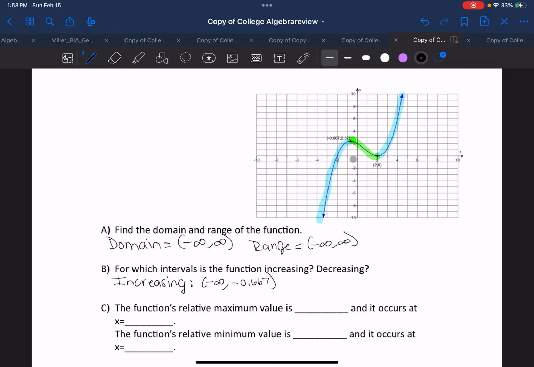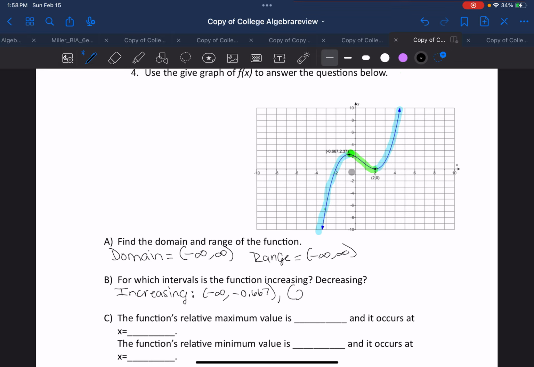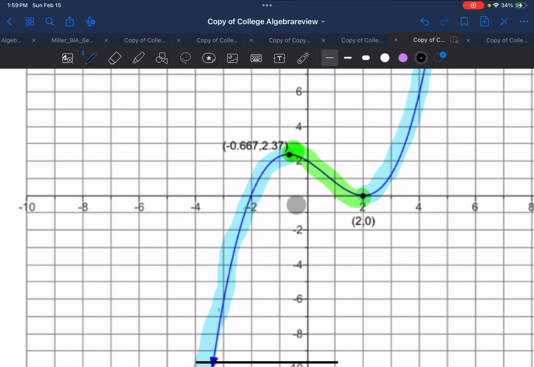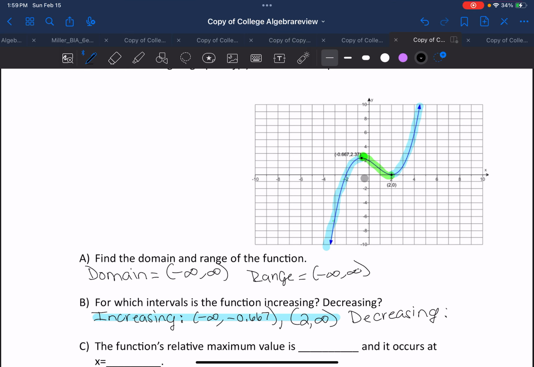So I have another interval for increasing, which starts at that x value of 2 and goes to positive infinity. So for the increasing and decreasing intervals, it's always over the x values for which this is occurring. So that would be for the increasing intervals, and then for that one interval of decreasing, that would start at the x value of negative 0.667 and then go to the x value of 2.